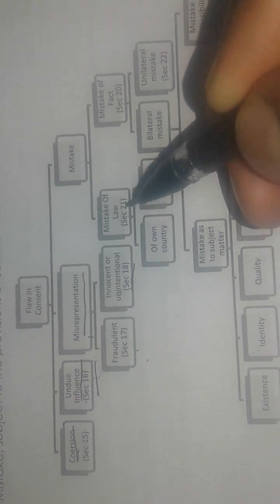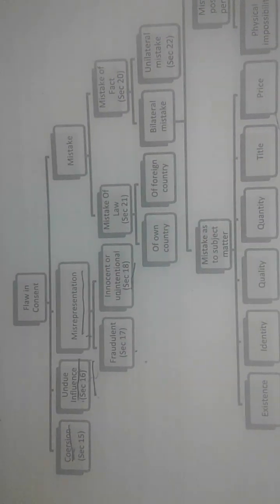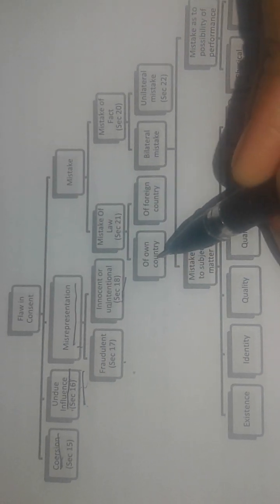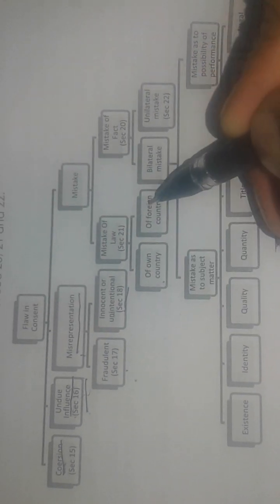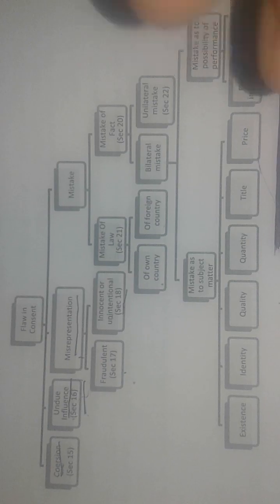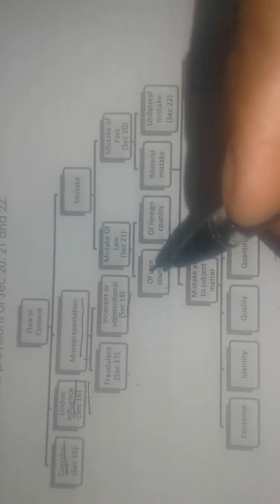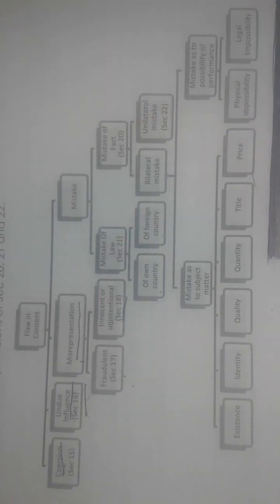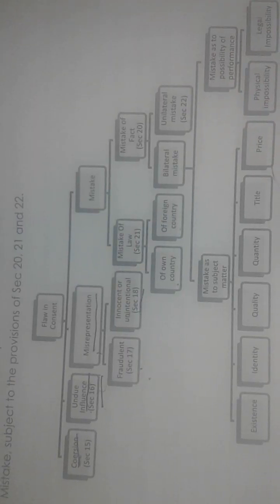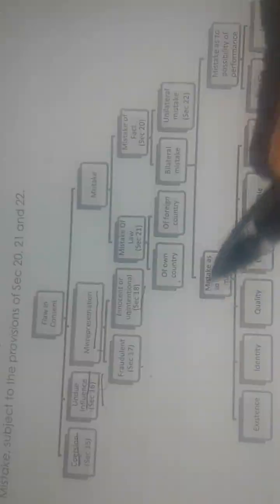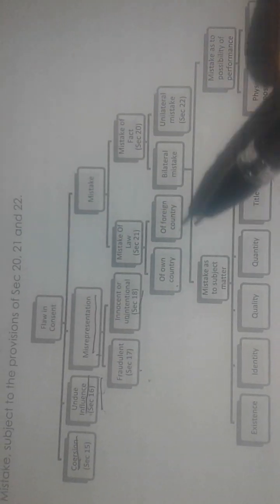What Section 21 of the Indian Contract Act basically says is that the mistake of law might be of one's own country or of a foreign country. This has to be tackled by both parties, avoided, and they should be made aware while making contracts and agreements, right?